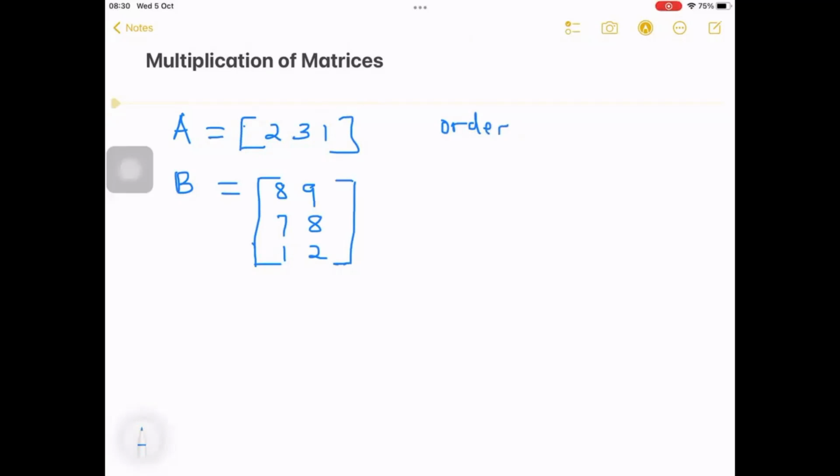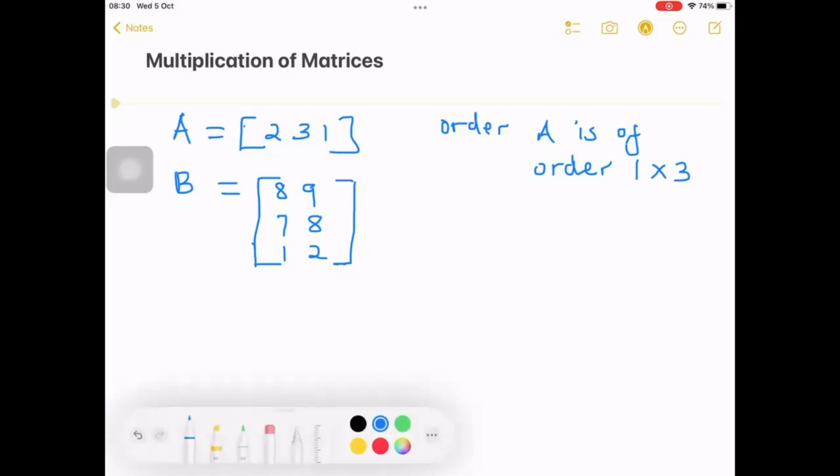So let's start with matrix A. Matrix A is of order 1 by 3. It is 1 row and 3 columns.